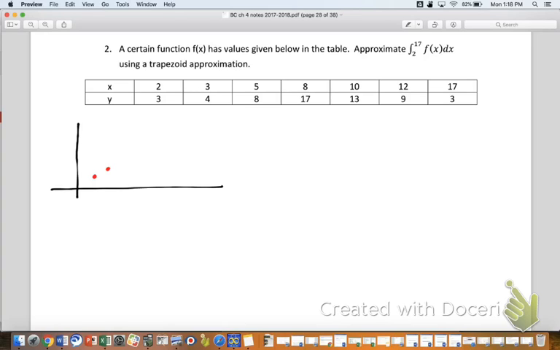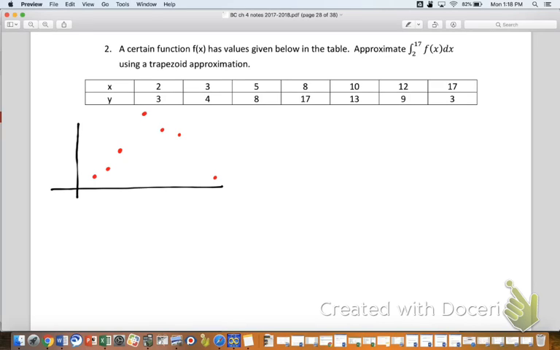So on and so forth. 5, 8. 8, 17 would have to be way up there. There's 10, 13. 12, 9. And finally 17, 3. Does that make sense as far as just plotting those data points? It goes up and then it goes down.